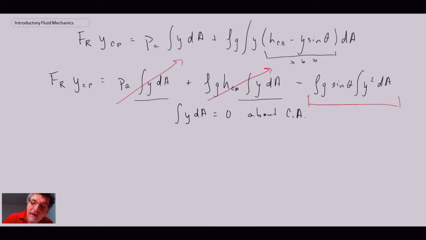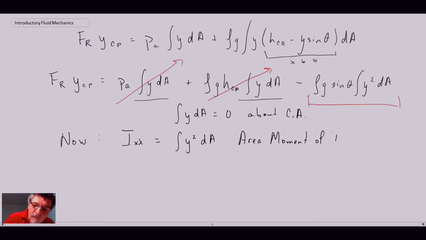It turns out that the integral is a special integral, and that is the area moment of inertia, and it is with respect to the center of area of the plate.